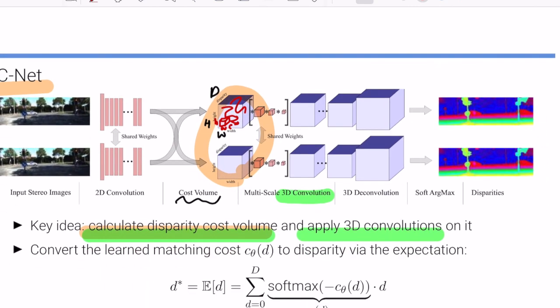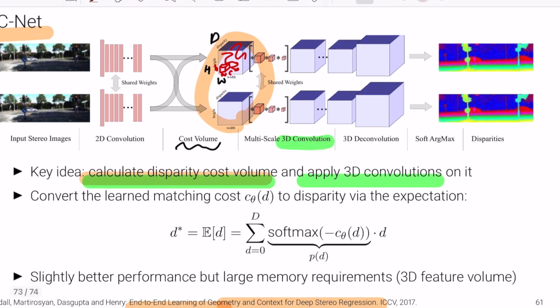Then we can more effectively encode the cost volume information.